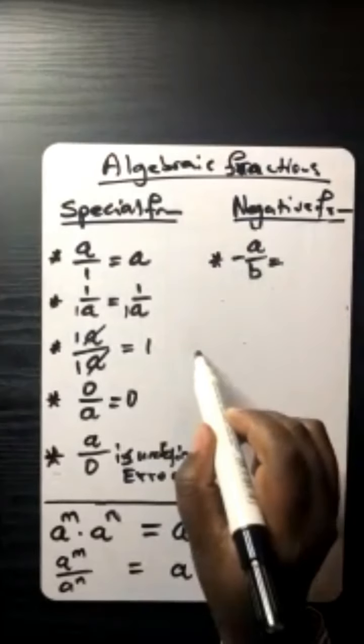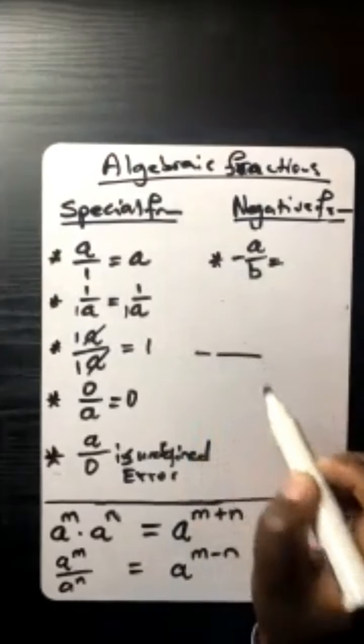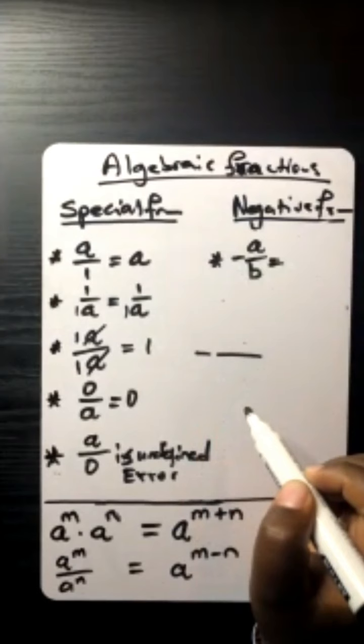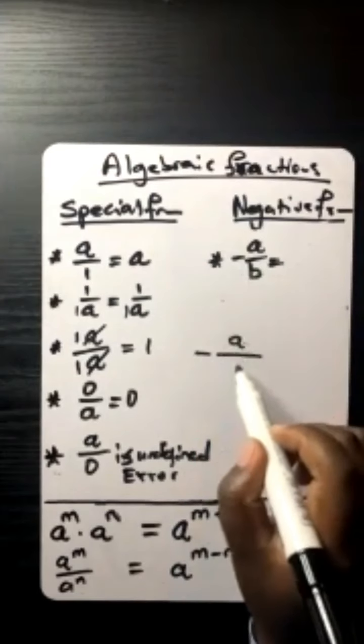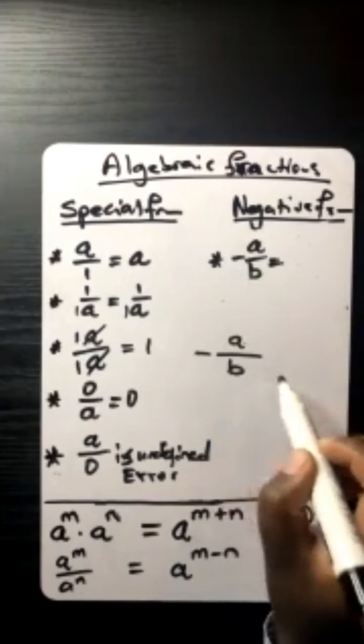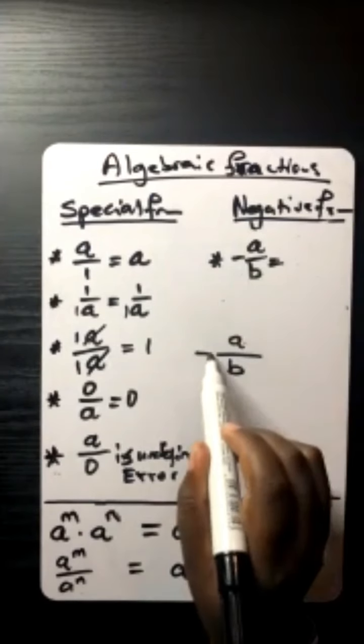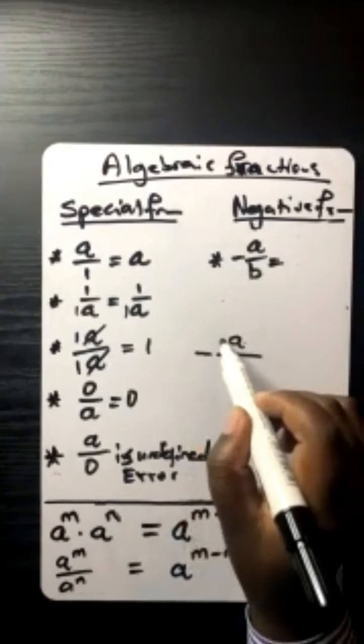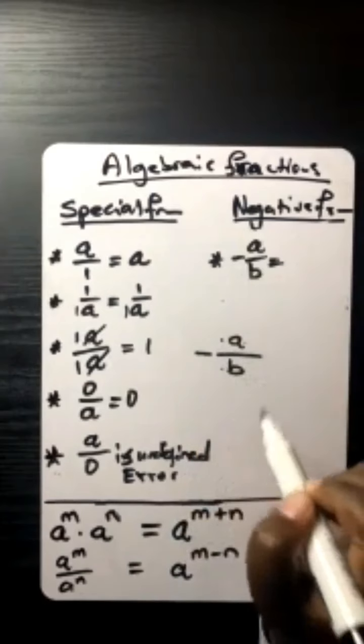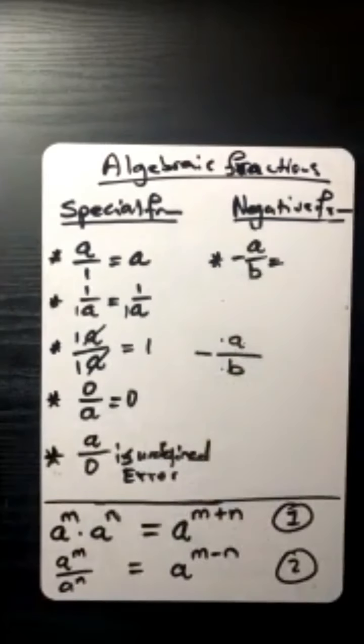Remember, a negative can be there followed by that over there, where you've got a over b. So that negative, is it for a or is it for b, or is it for both? So it's for both.